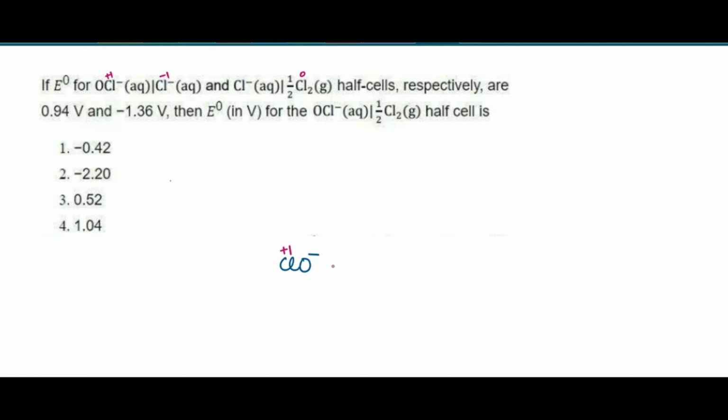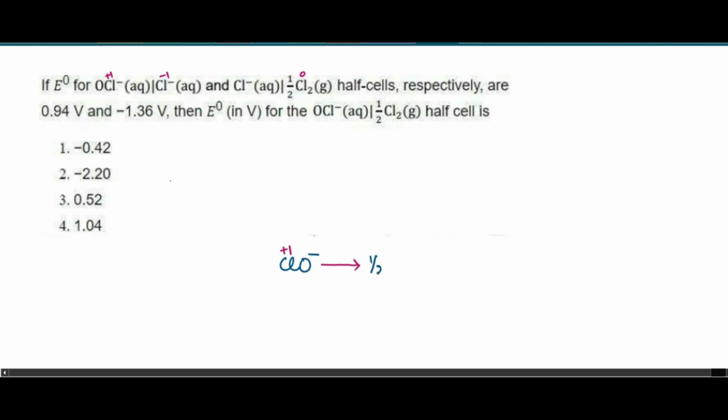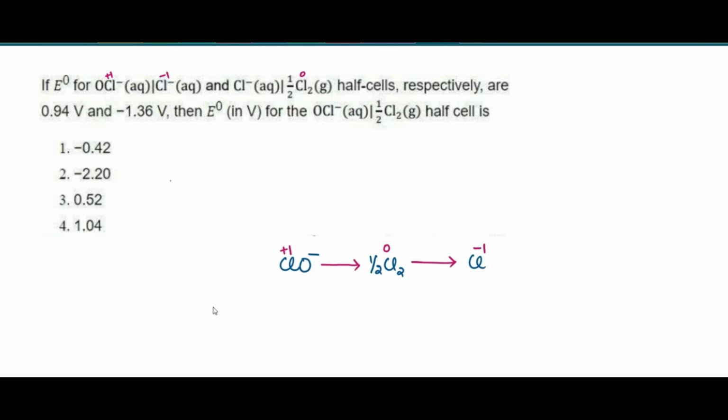ClO minus, let's say the system is becoming half Cl2 and oxidation state is 0, and half Cl2, let's say the system is becoming Cl minus. What is oxidation state? Minus 1. Okay. This oxidation state is clear. ClO minus is Cl plus 1, half Cl2 is 0, Cl minus 1, chloride minus 1. Now see what is given in the question. Read the question again.